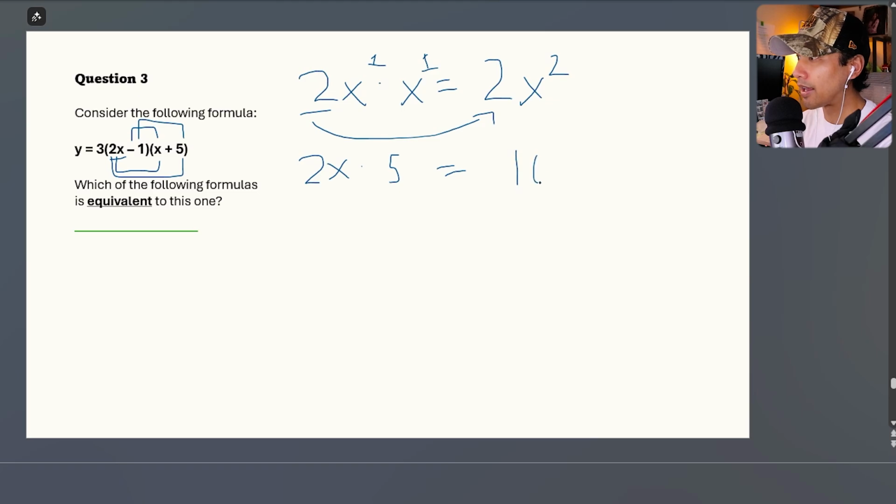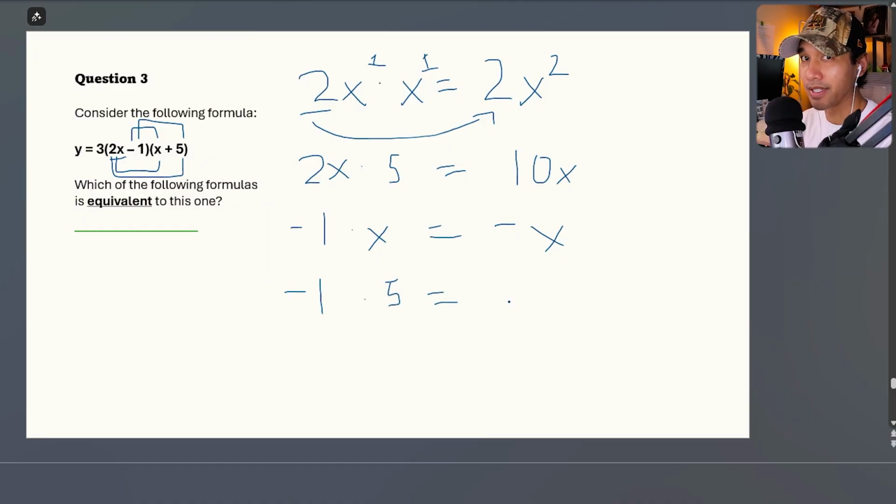All that is 10x. What is -1 times x? -1 times x. All that equals is -x. Now what is -1 times 5? All that equals, that's an easy one, -5.